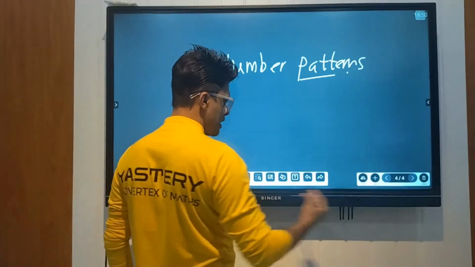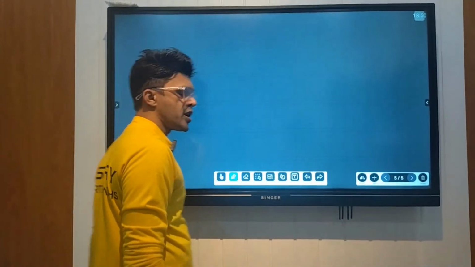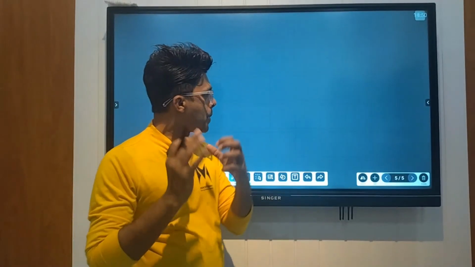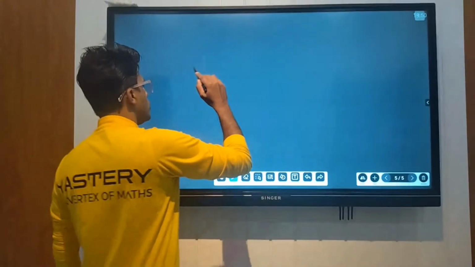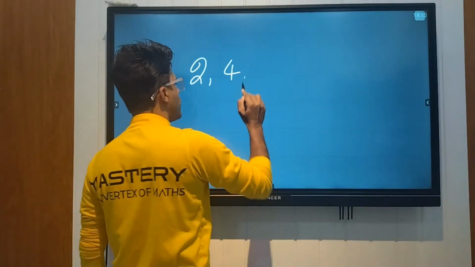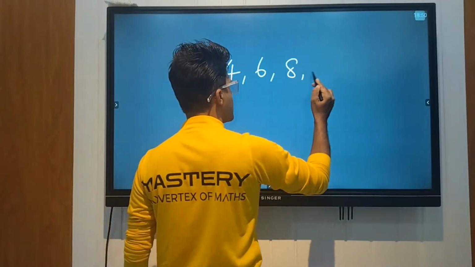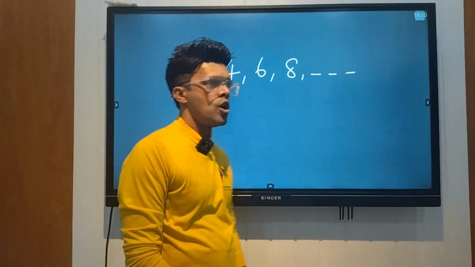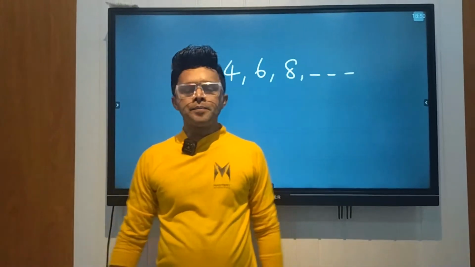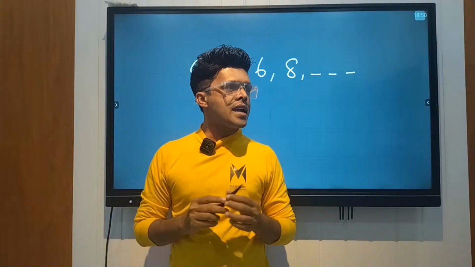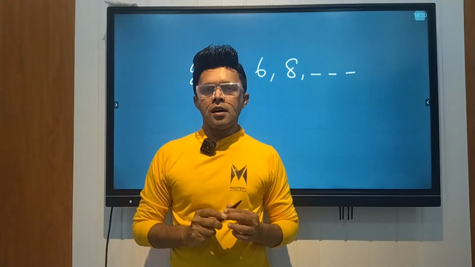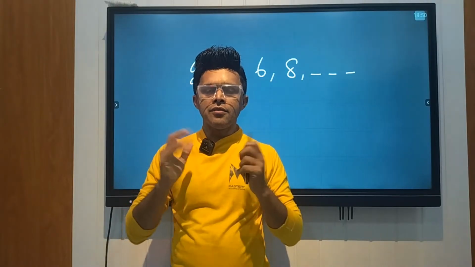So really, I will be mentioning different patterns. This is 2, 4, 6, 8, and so on. You could get an idea about these written values.